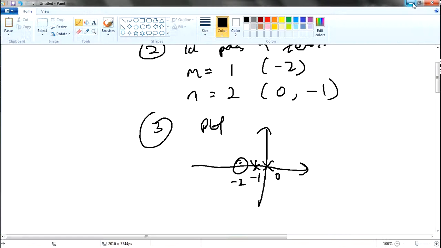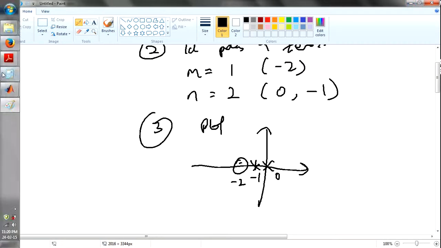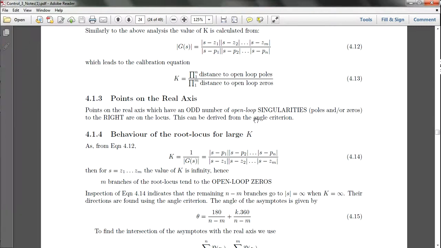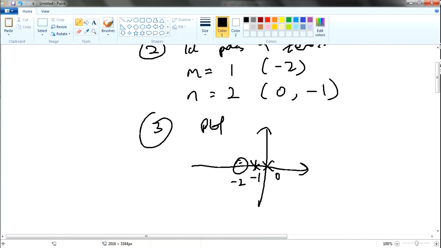In this case, rule 3 states that whatever is on the open loop singularity, poles or zeros, to the right are not on the root locus. Okay, this is wrong. They are not on the root locus. So in this case, to the right of an odd number of singularities shouldn't be on the locus. This is 1, this is 2, this is 3, right?